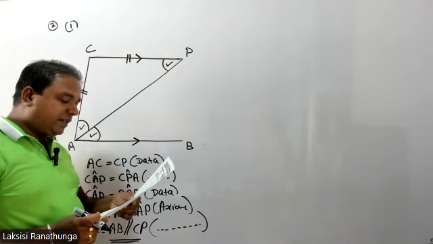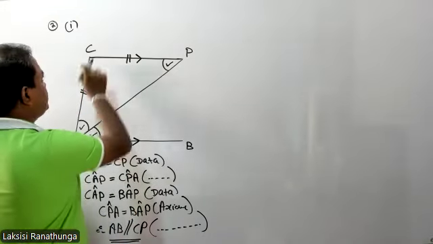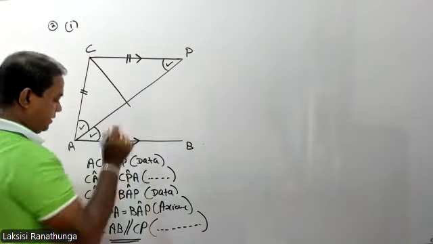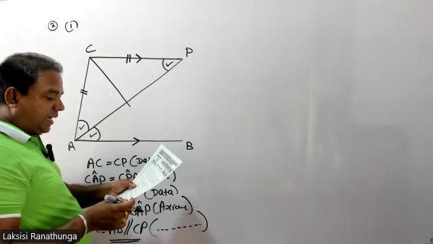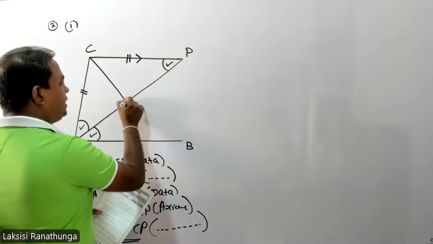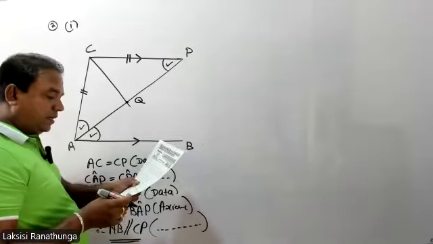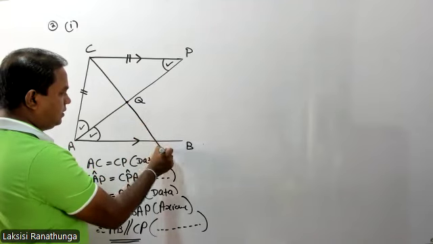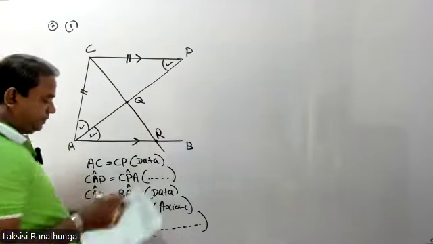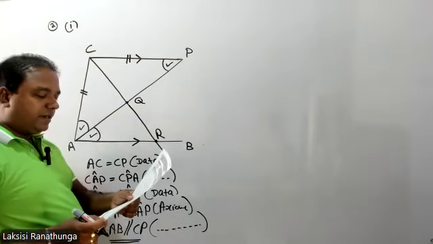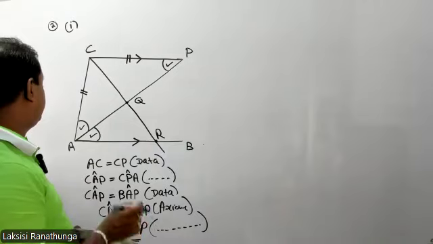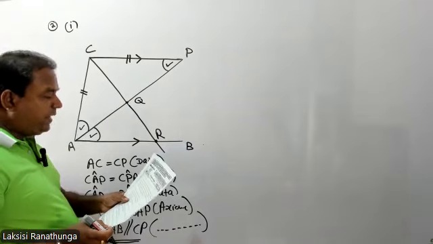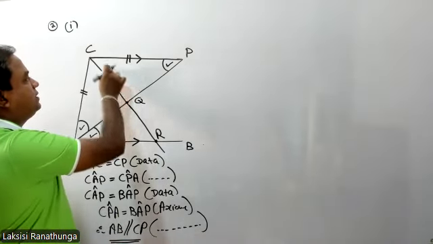The bisector of ACP meets AP at Q and AB at R, this is R. Prove that triangle ACQ is congruent to triangle PCQ.